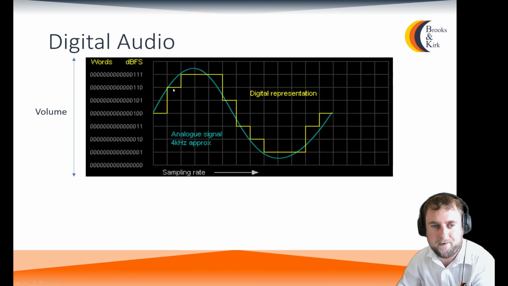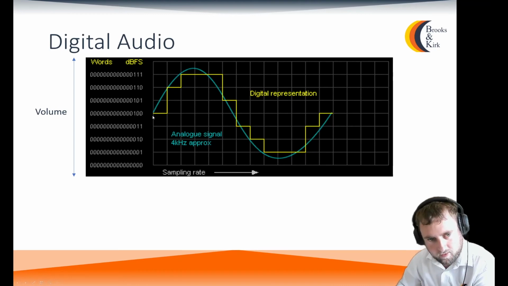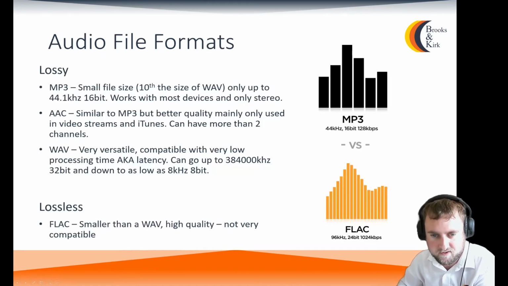But if you've got a higher bit depth, you can have much quieter waves still represented well, and really loud peaks of the wave working, if that makes sense. So the higher the sampling rate, the more digital samples are taken per second. That's why it's measured in hertz.